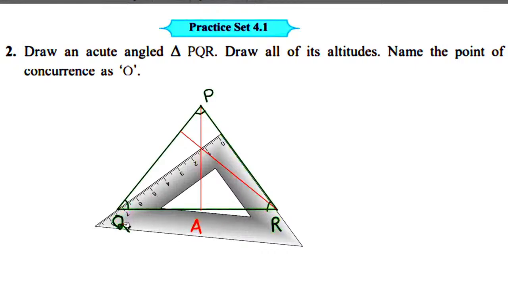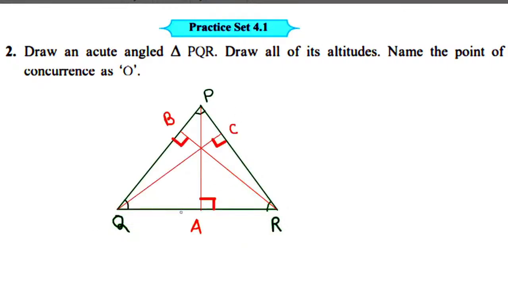Put the set square on side PR and other rectangular side on point Q. Here, segment RB is the altitude of triangle. Segment QC is also altitude of triangle.